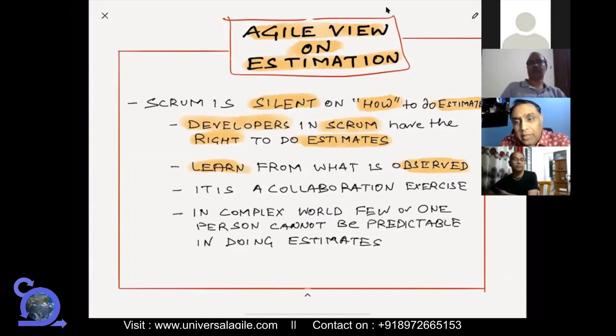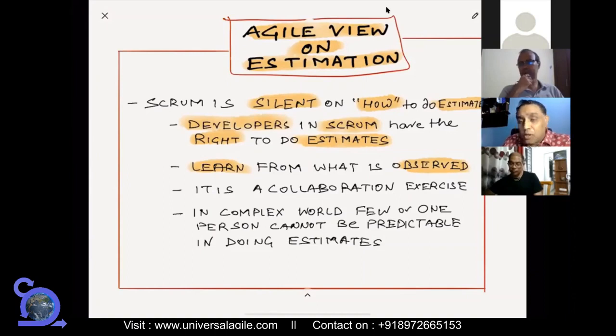That means, even though you do this accuracy, once you start doing the work, learn whether you were able to achieve the way you thought or not. Make sense? And continue to inspect and adapt. Now, if you have to factor in complexity, uncertainty, and risk, do you think one person alone can do that in a complex world?